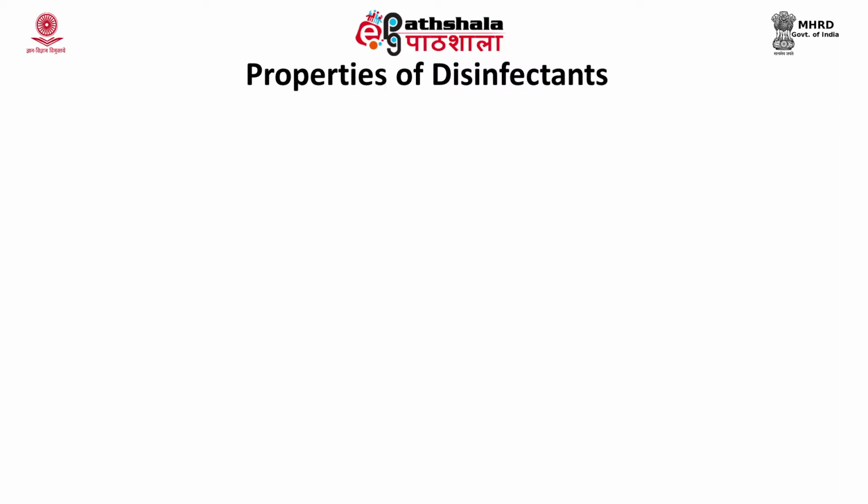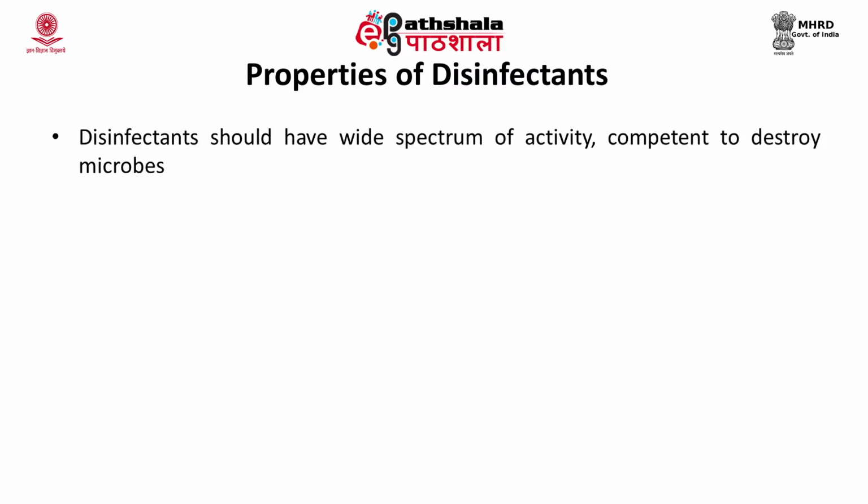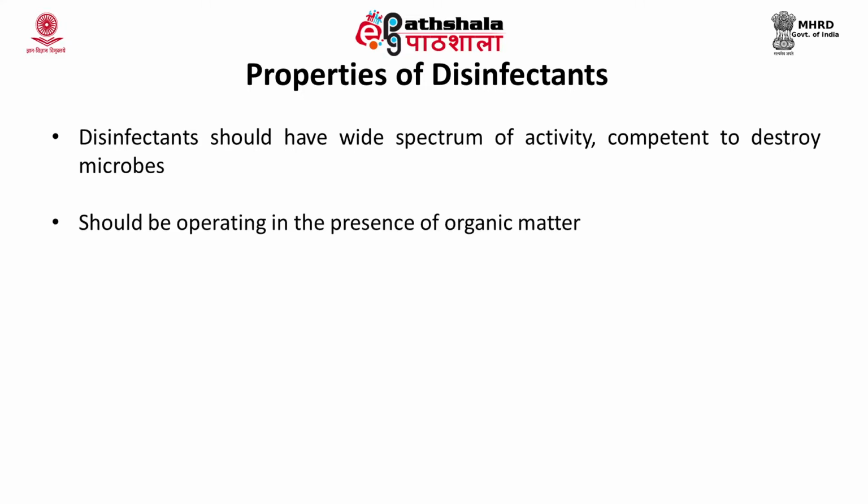What are the properties of disinfectants? These disinfectants should have a wide spectrum of activity. They should be competent to destroy microorganisms and should operate in the presence of organic matter, because after the secondary treatment of wastewater, a little organic matter is still present in the water.